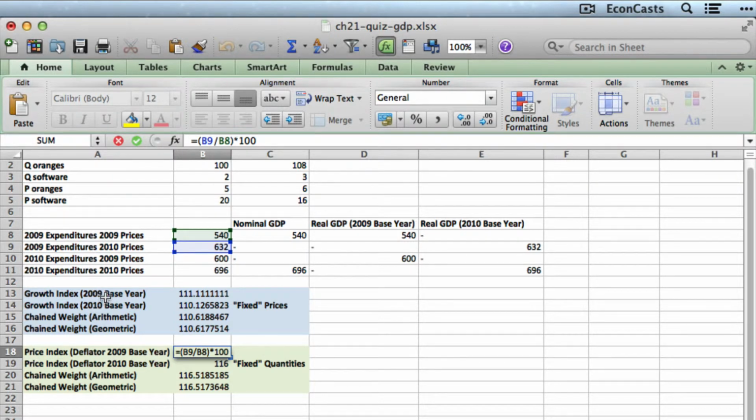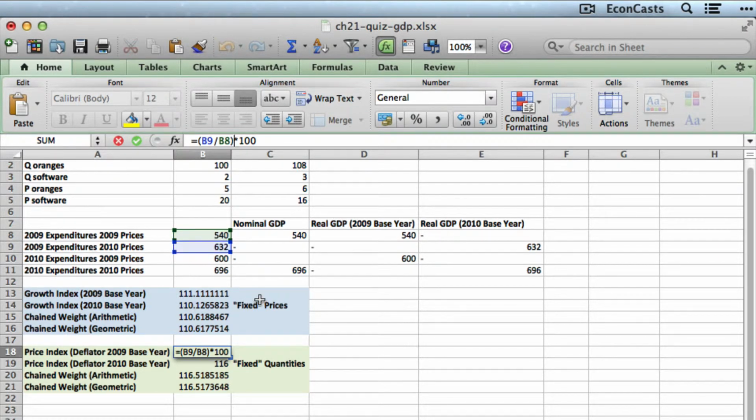So what we're going to do to calculate that is to fix our quantities first in 2009. That's our 2009 base year. And we're going to look at the different prices, 2009 prices or 2010 prices. So we see here that with 2009 as our base year, what we're going to do is take the nominal GDP in the later year and divide it by the nominal GDP in the previous year.